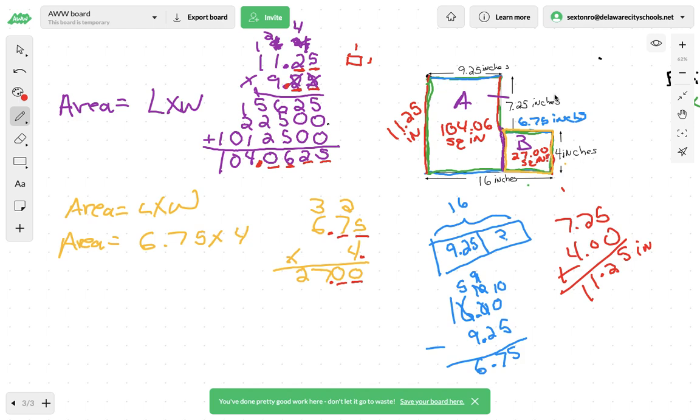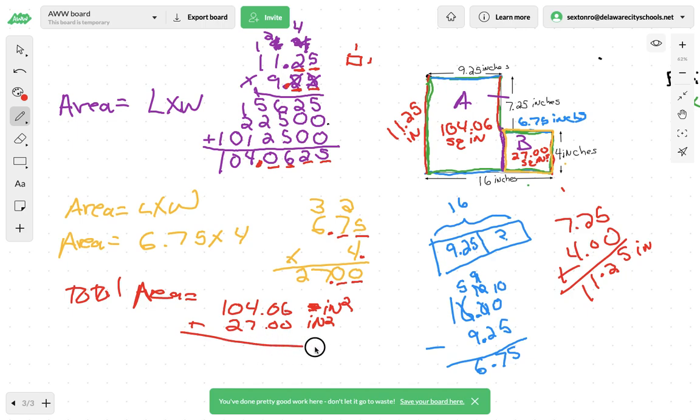Now, I need to know the total though. The total area equals 104.06, and we're going to add to it the 27 square inches. This is inches squared.